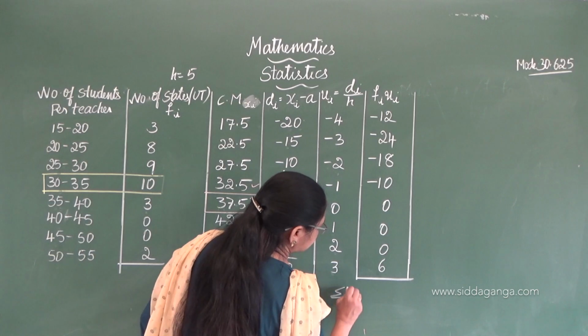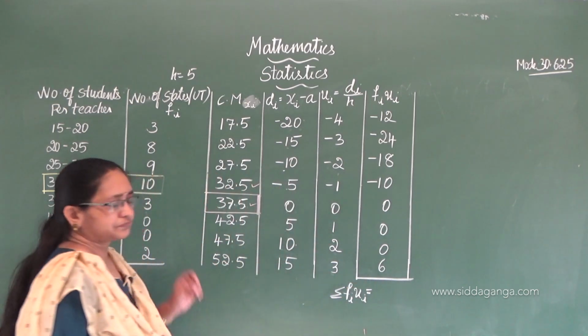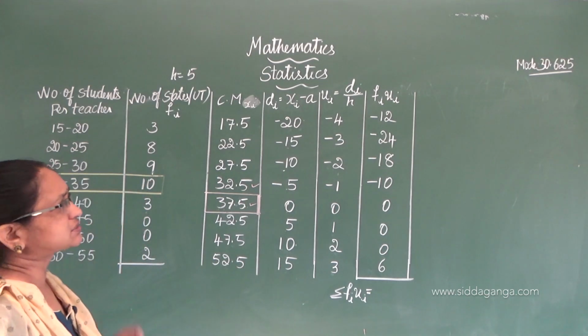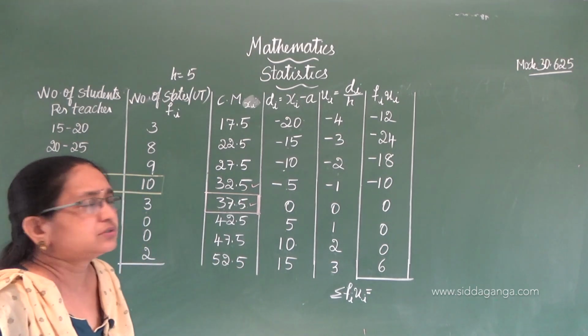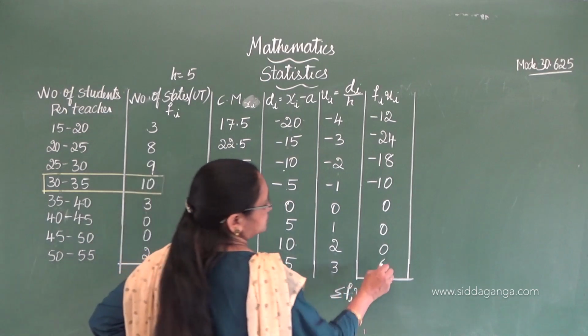So we will find out sigma fi ui. Once you check: minus 12, minus 24, minus 18, minus 10, 0, 0, 0 and then 6.